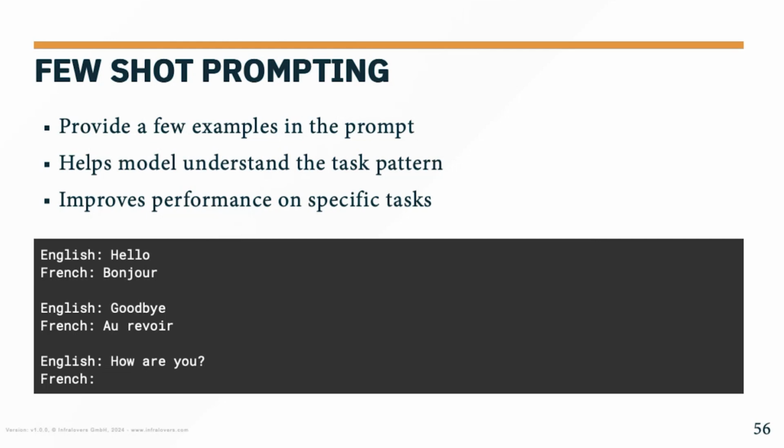So I give the model a few examples so it can learn the structure and the context of the task, improving its overall performance on this specific task, for example, by translating languages.